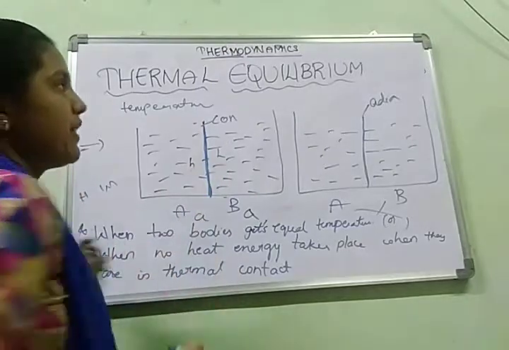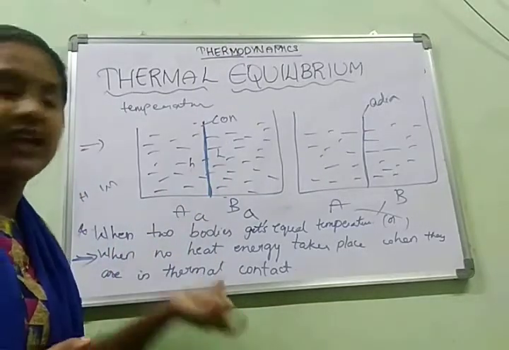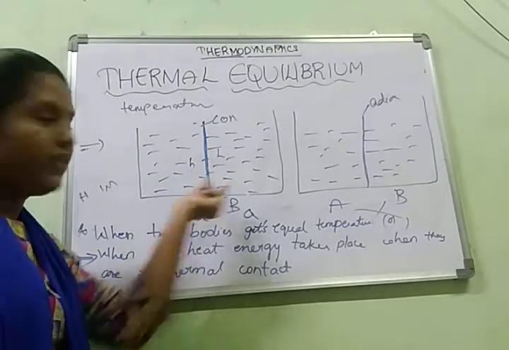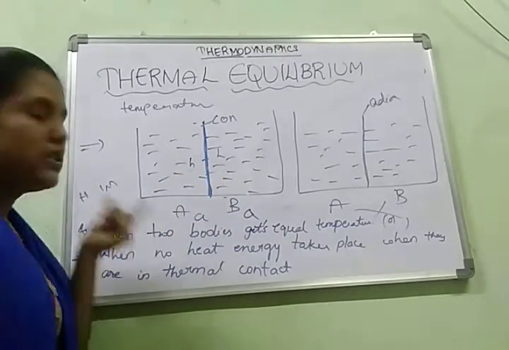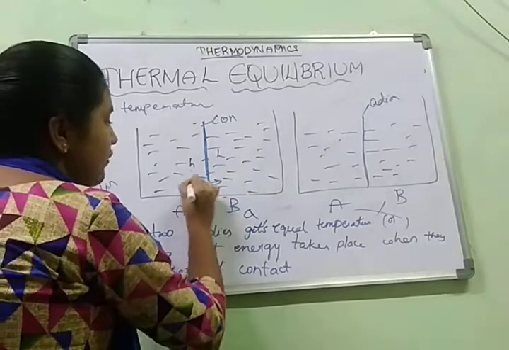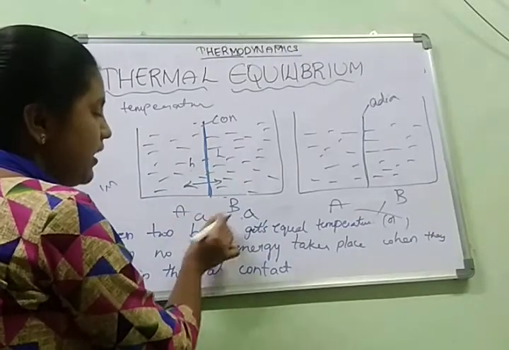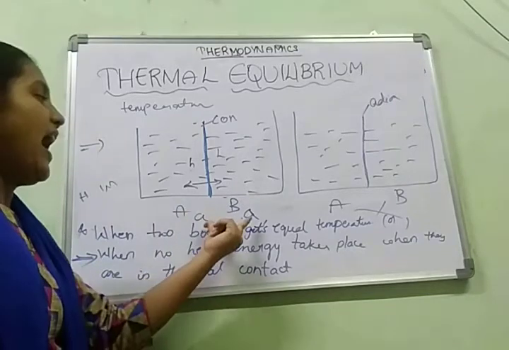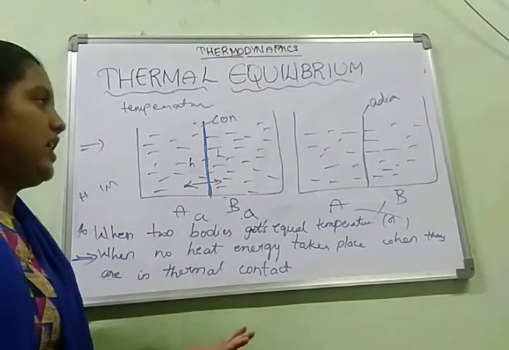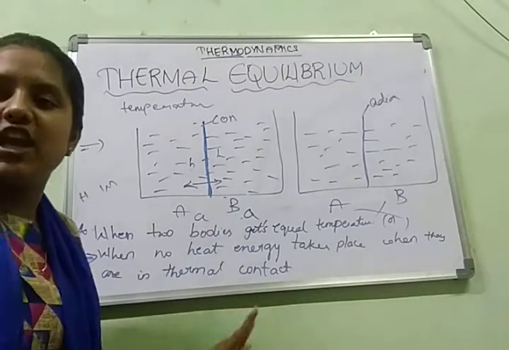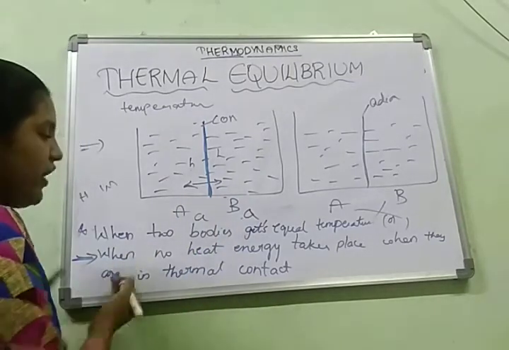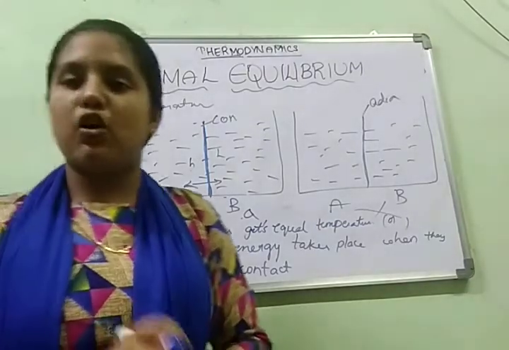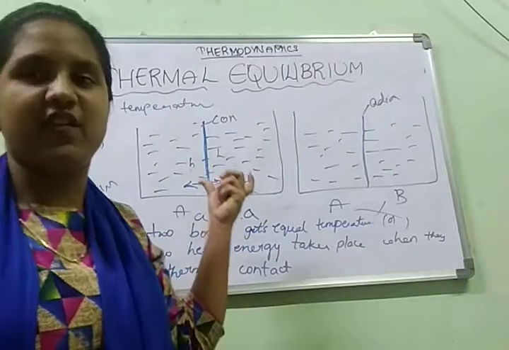As I said, thermodynamics is heat in motion. Heat exchanges from the higher body to the lower body. So they occupy equilibrium, that is, they have the same heat energy. As they have the same heat energy, there will be no exchange. So we said that when no heat energy transfer takes place while they are in thermal contact, it is called thermal equilibrium.